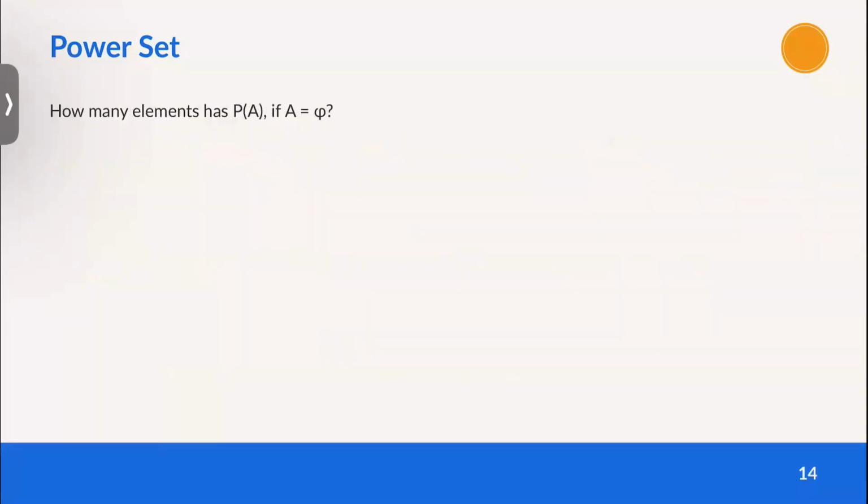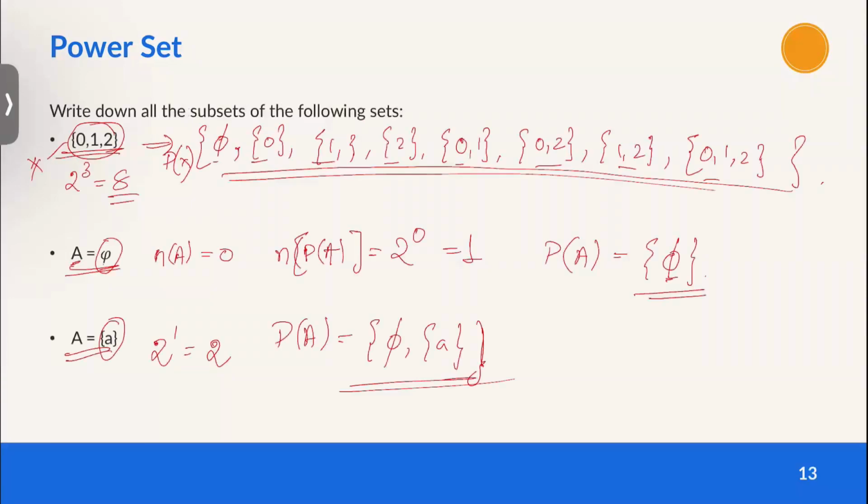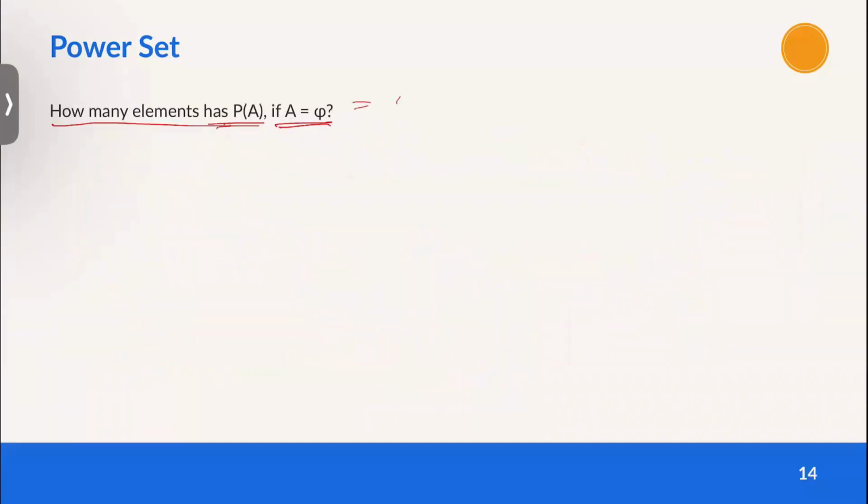We have one more example: how many elements does P of A have if A is the empty set? We have done this example here. So the number of elements in the power set where a set is empty is 1.